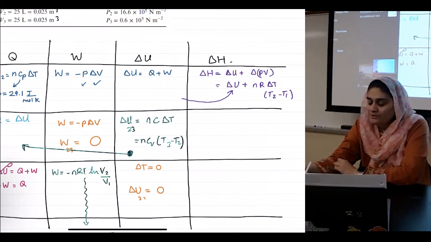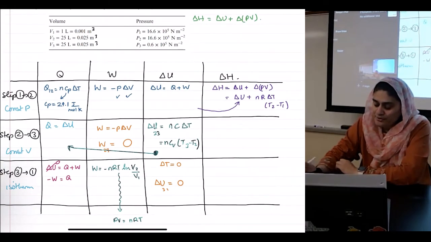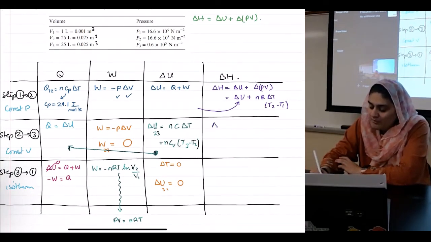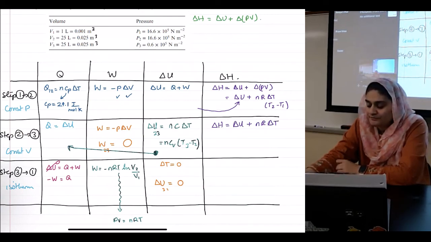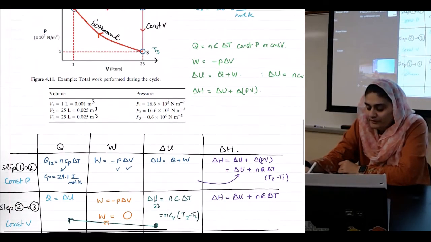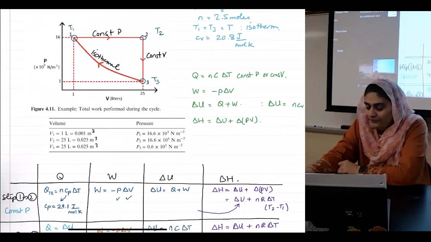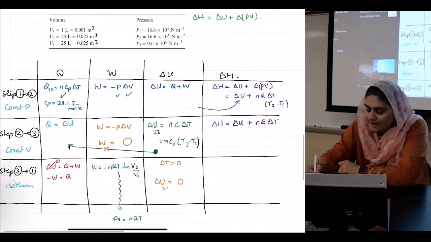How will you do the delta H for step 2 to 3? The same. But in this case, what will be delta T? The difference between 3 and 2? Yes?